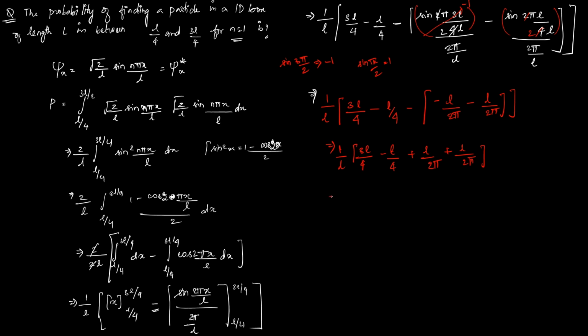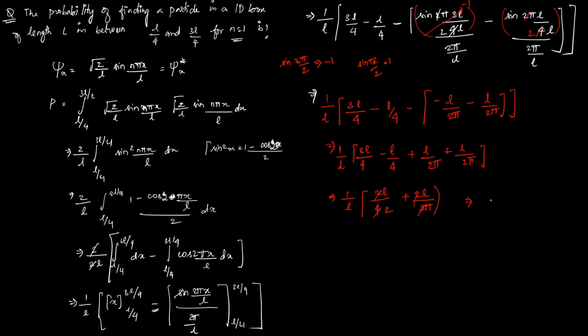Now if you solve this equation, 1 by L on the outside, if you take 4 common, now 3L minus L is going to be equal to 2L, plus 2L by 2π. So if you solve this, 2 and 2 will be cancelled. Here this is going to be L by 2.